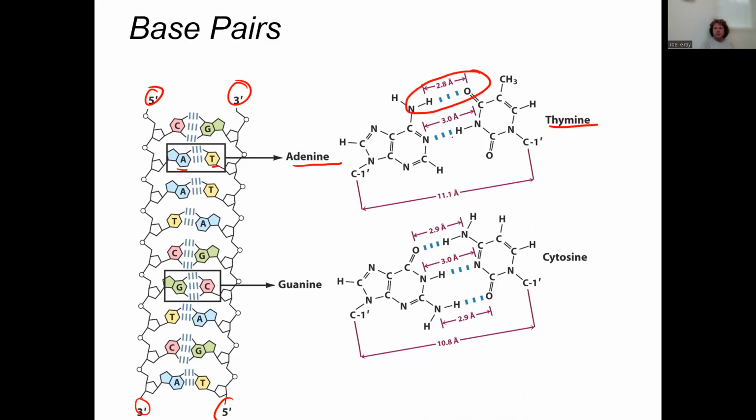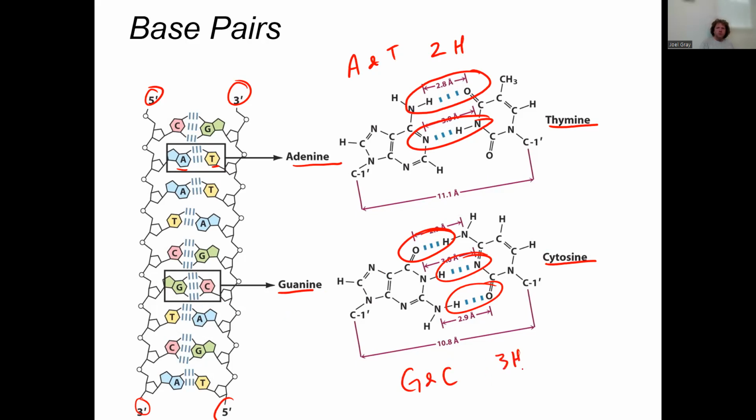We've got hydrogen bond, hydrogen bond. Cytosine and guanine: we have hydrogen bond, hydrogen bond, hydrogen bond. So between A and T, you have 2 hydrogen bonds. G and C, or C and G, you have 3 hydrogen bonds.